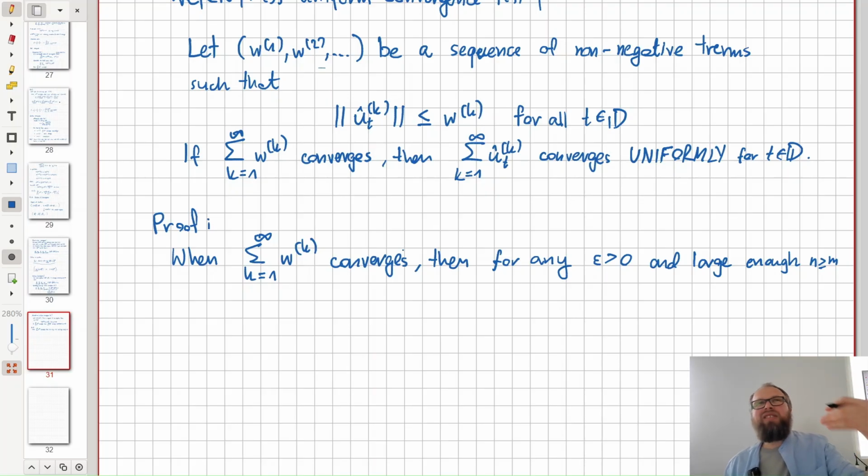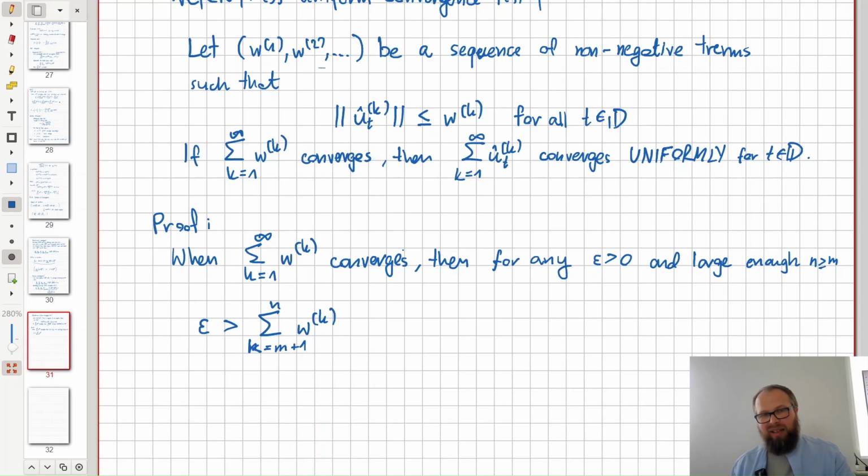If it converges, this means that there is a threshold, and beyond that threshold, you take two indices, and you have the following estimation. So epsilon will be greater than, basically Cauchy criteria, the sum from m plus 1 to n of w_k, right? This is what convergence means, that we have all those indices that we can find.